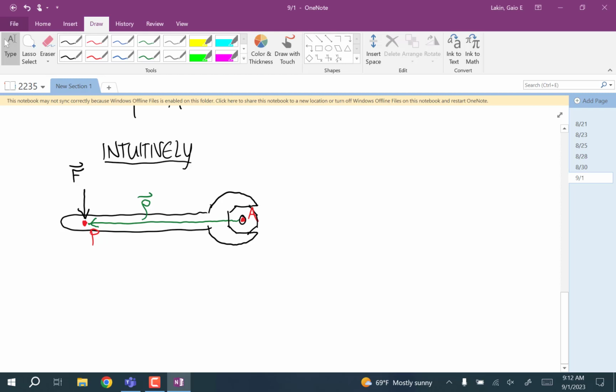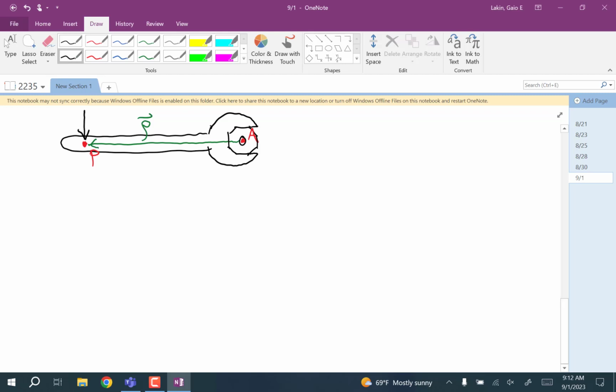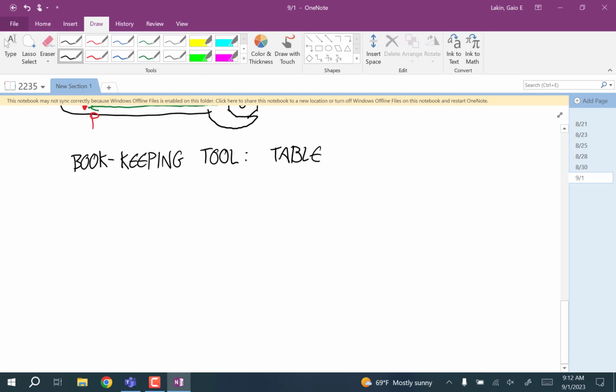I recommend this sort of bookkeeping tool. So you write out this table with a column for rho, a column for F, and a column for the moment.